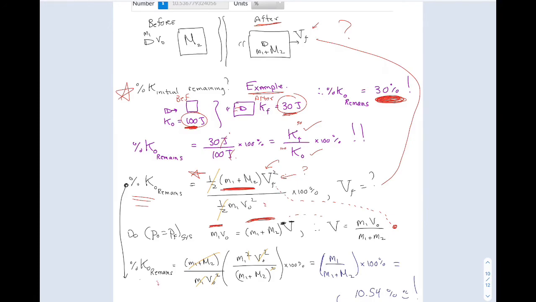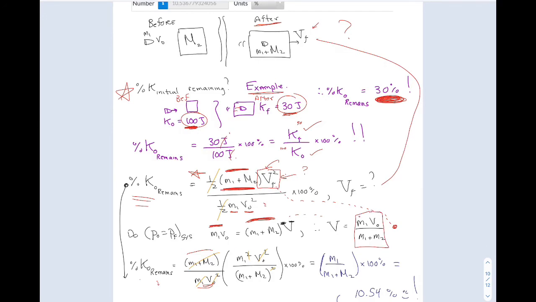So for my percent kinetic energy remaining, I have this on the top, and M1 V0 squared on the bottom. And then for that V final, I put in that, but I had to square it.